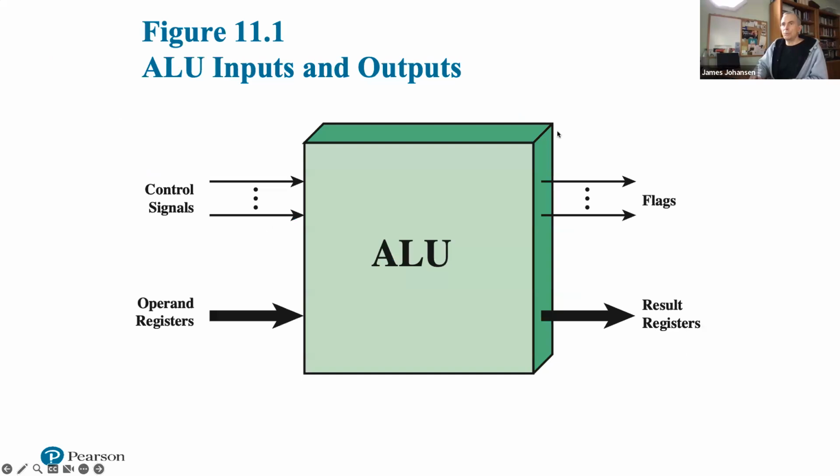There are inputs that are coming in, telling it what to do, and the registers that it needs to know the information is routed to the ALU. Any flags that come out like an overflow, and that's not necessarily a bad thing. It just means that it's outside the range of what it can handle individually, and so there needs to be a way of dealing with it, and then having the results put in the registers.